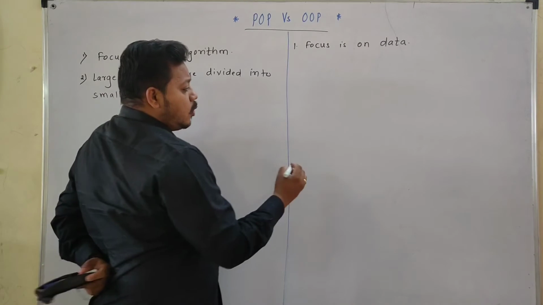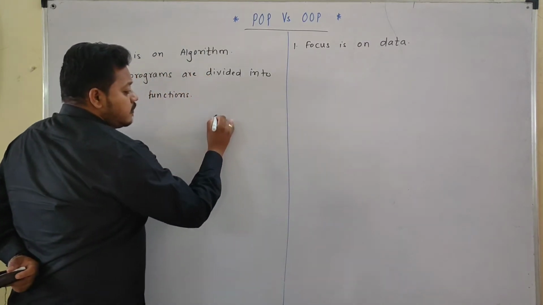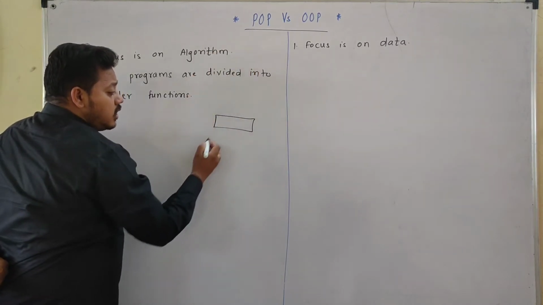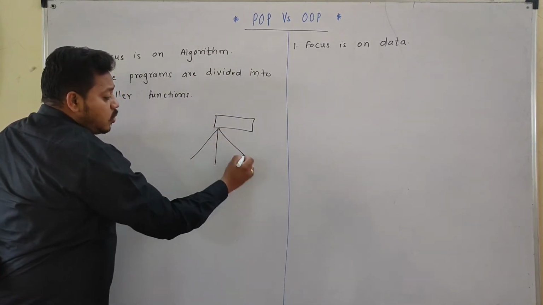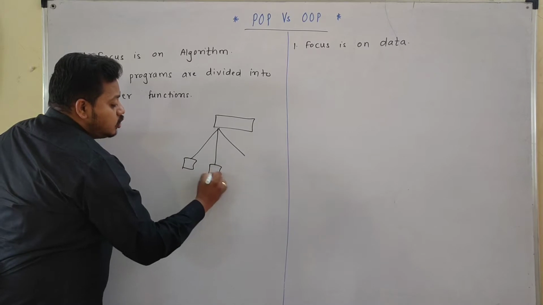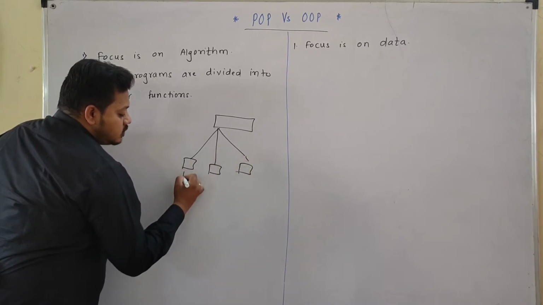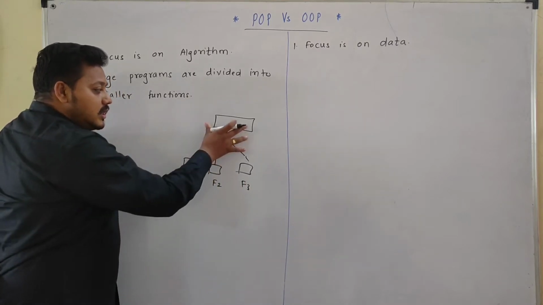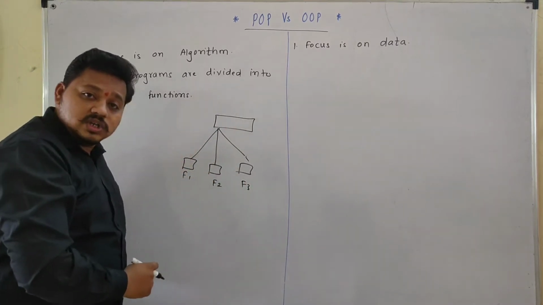That means suppose I have one large program, this is my larger program, and in procedure oriented programming this large program is divided into smaller functions. Suppose this is function 1, function 2, function 3. So the large program is divided into functions.